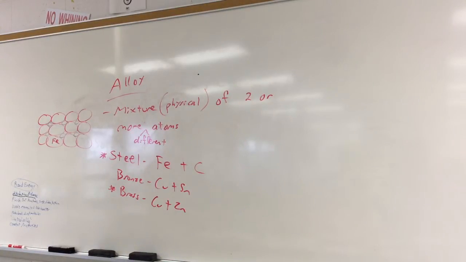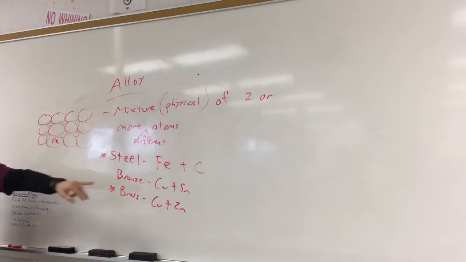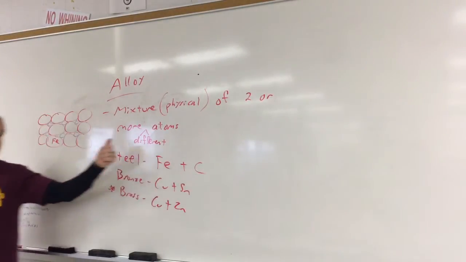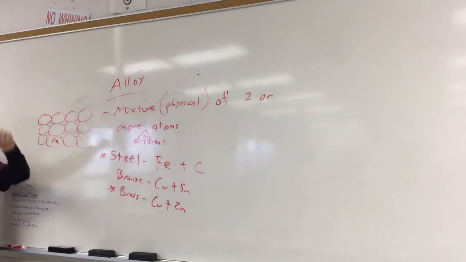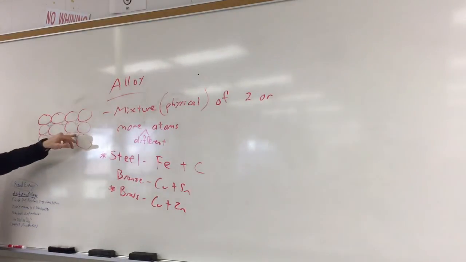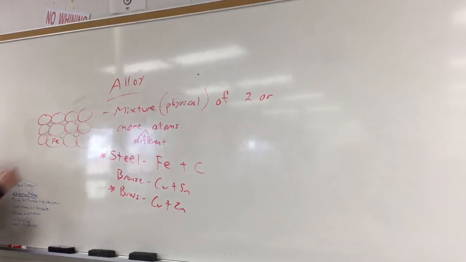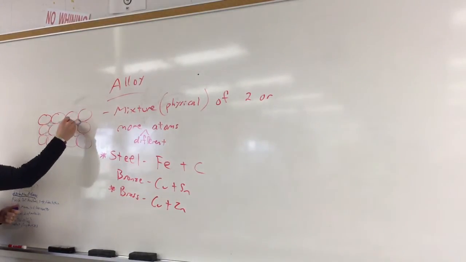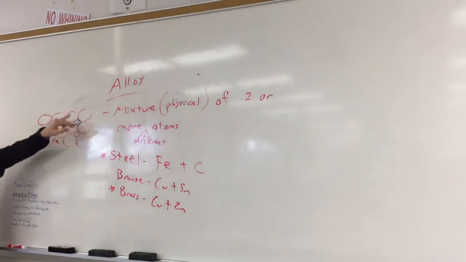There would be these little diamond-shaped spaces in between the balls. Does that make sense to you guys, hopefully? Those spaces are filled with carbon. That makes this lattice structure really strong. So steel is stronger than iron because carbon comes in and fills these spaces. That's called interstitial. That space right here is called the interstitial space. So carbon fills that up.